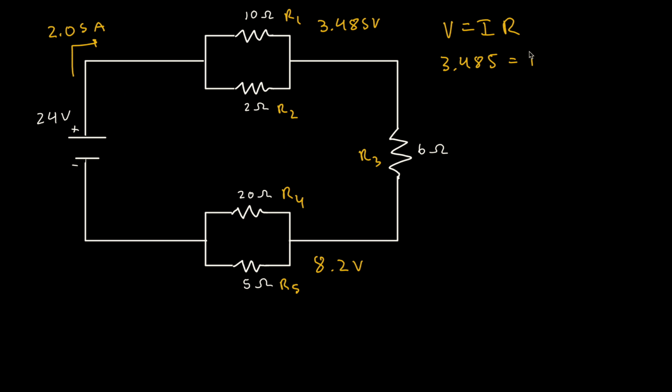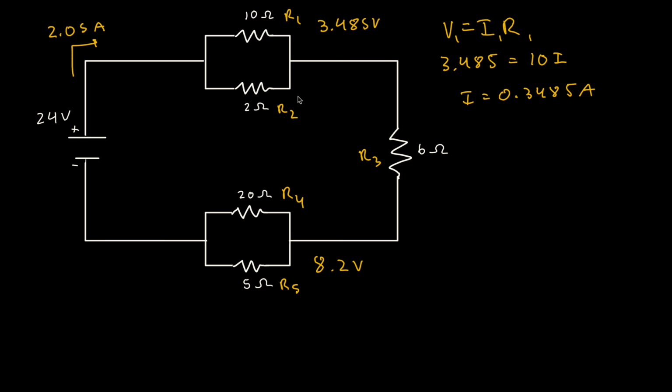To make this a little bit easier, I'll just rearrange these to 10 over here. So this is going to be 3.485 divided by 10, which gets us our current being 0.3485 amps.